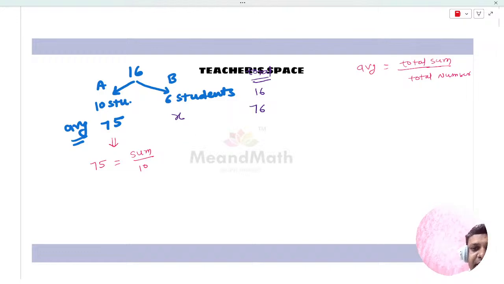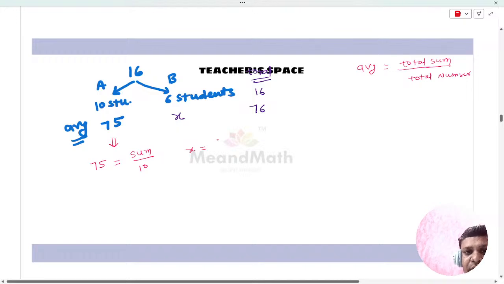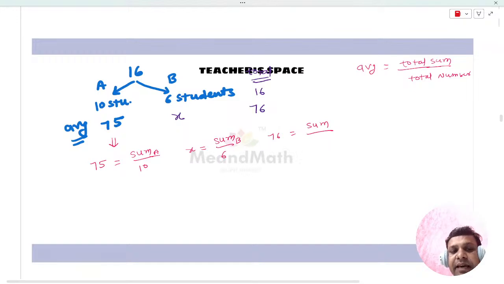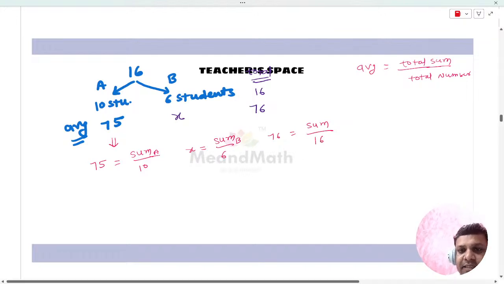For group B, X is equal to sum upon 6. For total, 76 is equal to sum upon 16. Here we denote the sums as sum A, sum B and sum total so that there is no confusion about which sum it is. Sum A for group A, sum B for group B and sum for total, and the total students are 16.